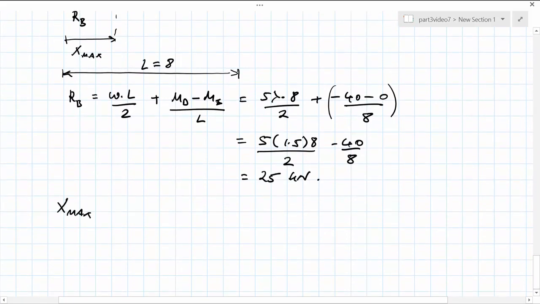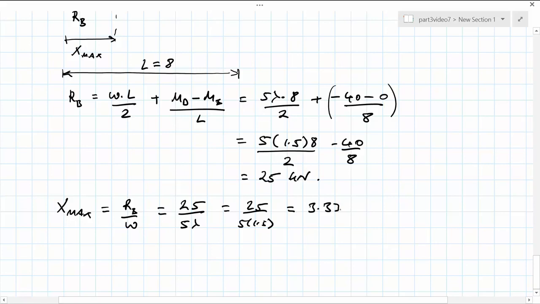X max then is equal to RB over W, which is equal to 25 over 5 lambda, which is equal to 25 over 5 times 1.5, which is then equal to 3.33 meters.